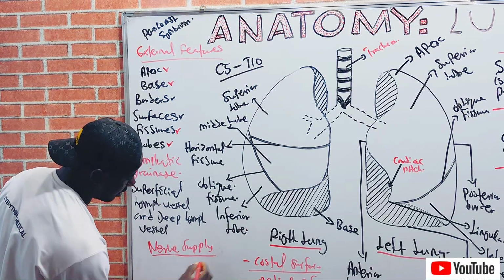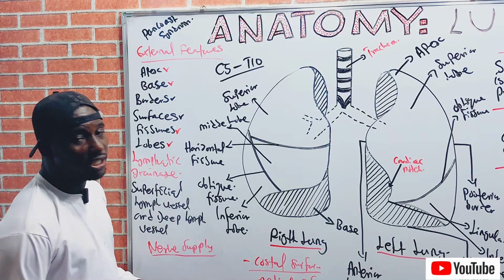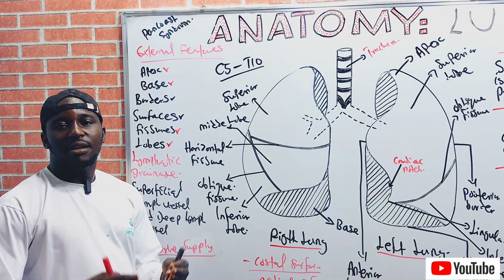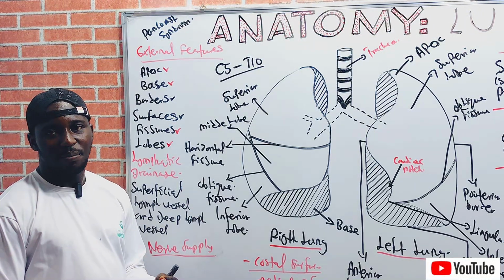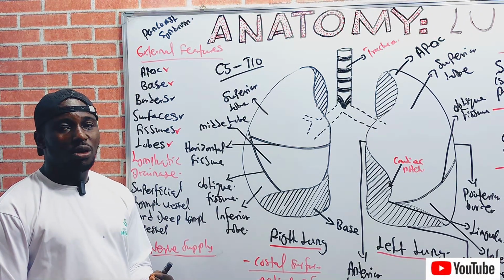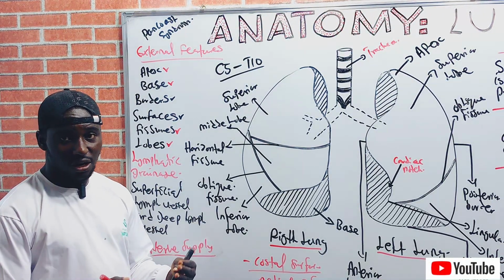The nerve supply. The lungs is innervated by parasympathetic and sympathetic fibers. You get, that is what innervates the lungs.